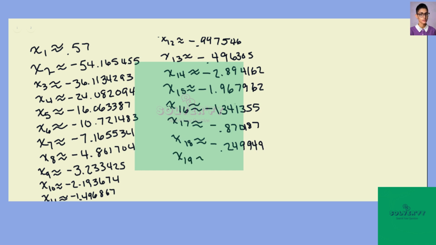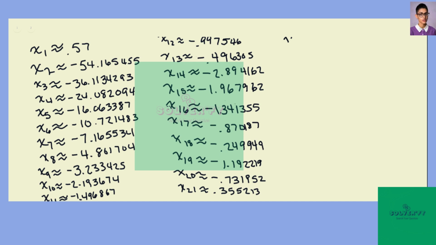X sub 19, negative 1.192219. X sub 20, negative 0.731952. X sub 21, 0.355213.